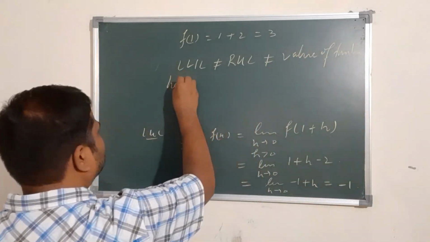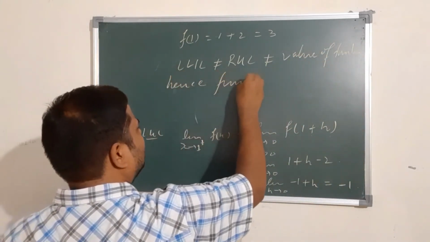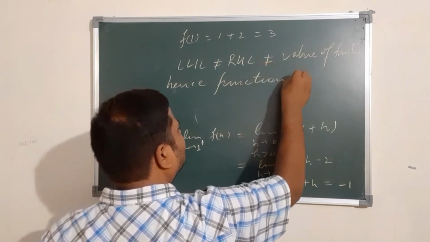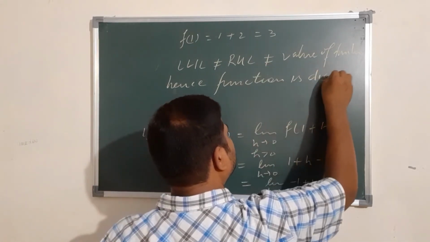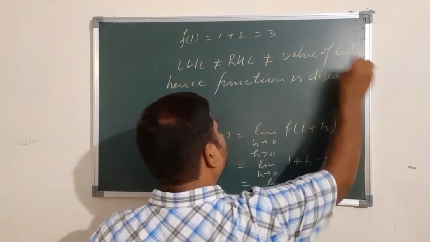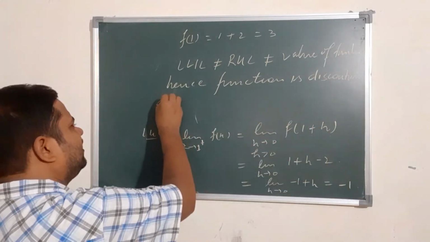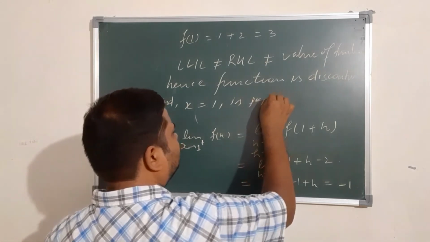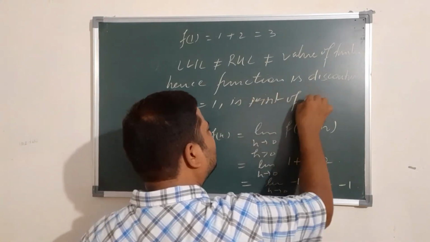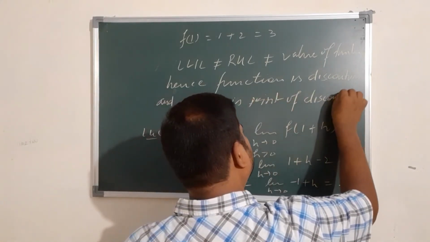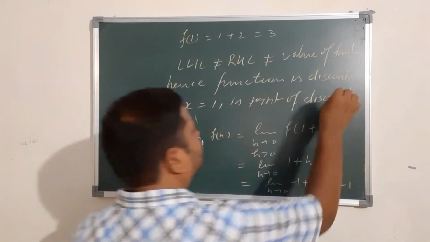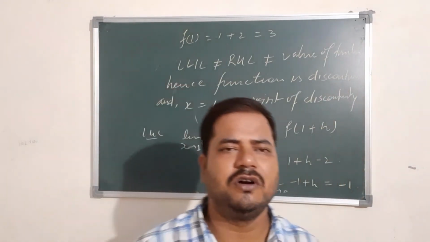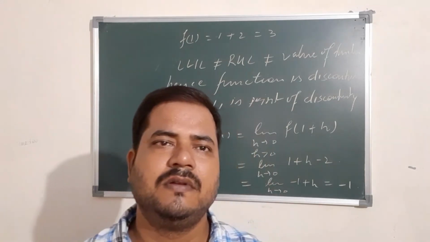Hence the function is discontinuous and x = 1 is the point of discontinuity.